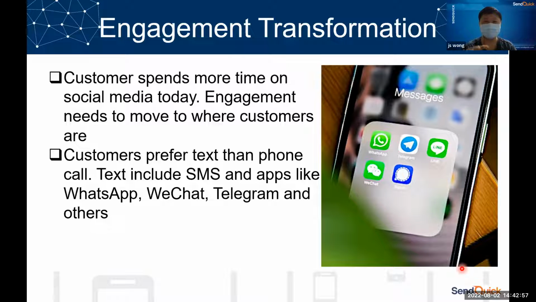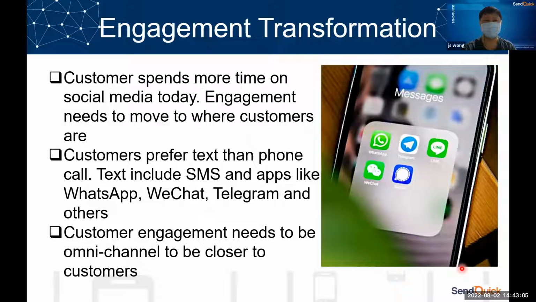This is something that allows customers to very easily communicate with companies through the product. And lastly, customer engagement needs to be omni-channel, because that's the only way to be closer to customers. There's no other option today, because customers have so many choices in their communication channels.